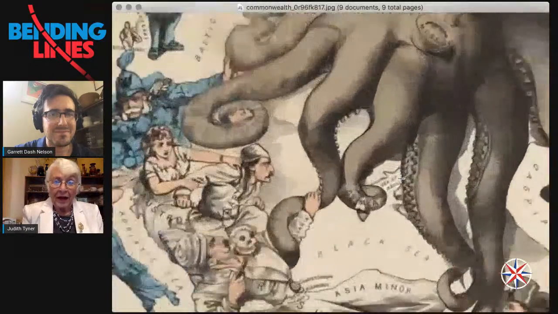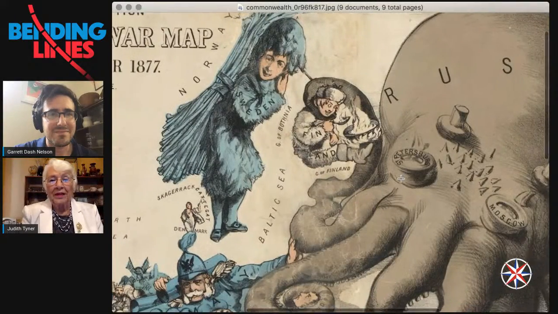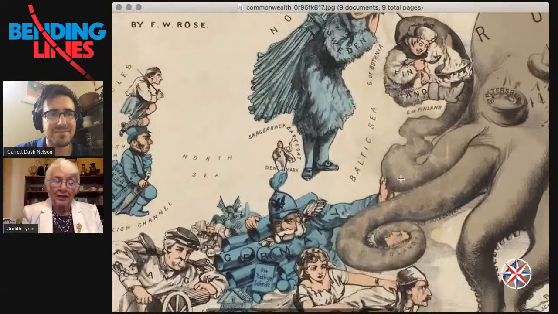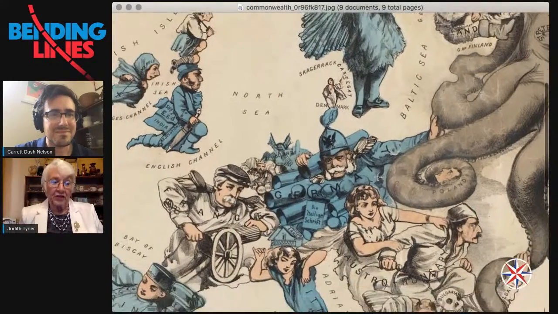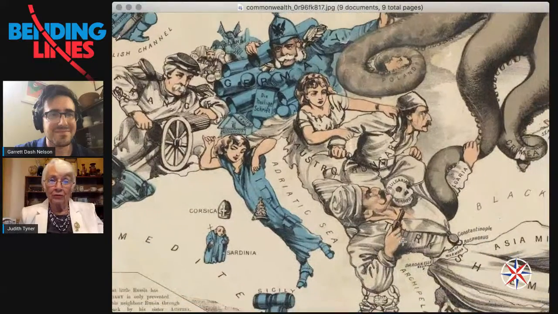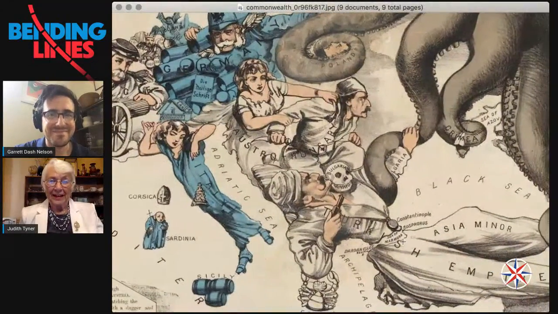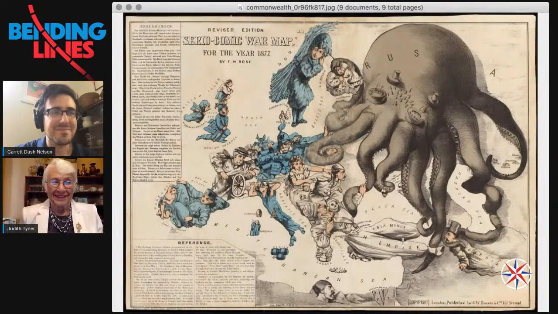It extends a little farther east. So it's been a very popular and effective symbol for 150 years now. And I wouldn't be surprised if someday someone finds an octopus map that predates it.